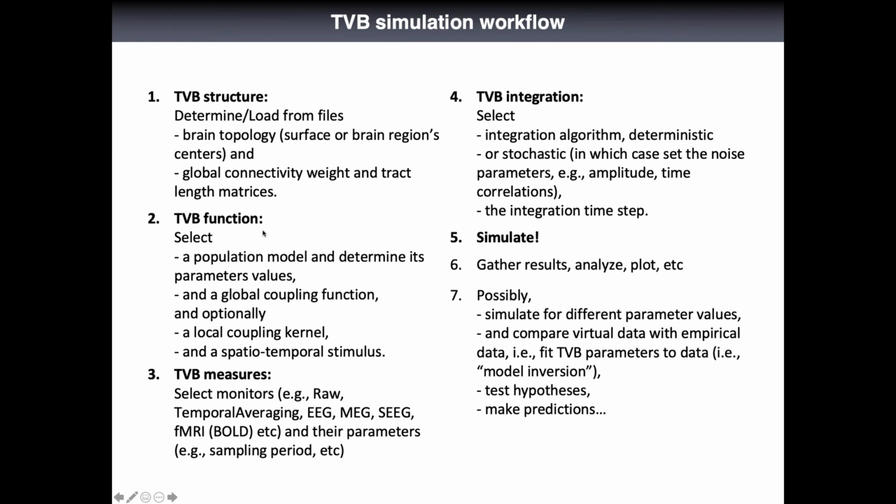Then we choose the functional side of TVB, that is the population model, and we can determine its parameter values. We can determine a global coupling function, how two distant regions will be interacting, for instance, a linear coupling or multiplying them or whatever.